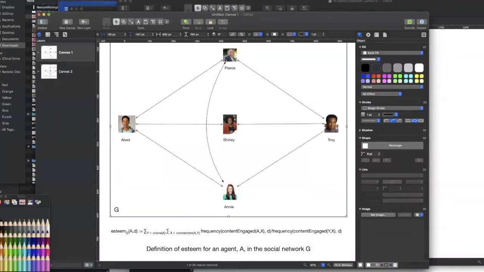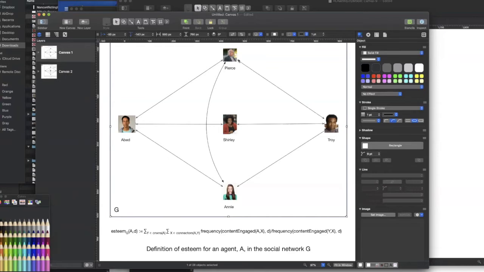So we look at the connectors between Abed and Pierce, and we ask how often does the community engage with content coming from Abed versus how often the community engages content coming from Pierce. Does that make sense?